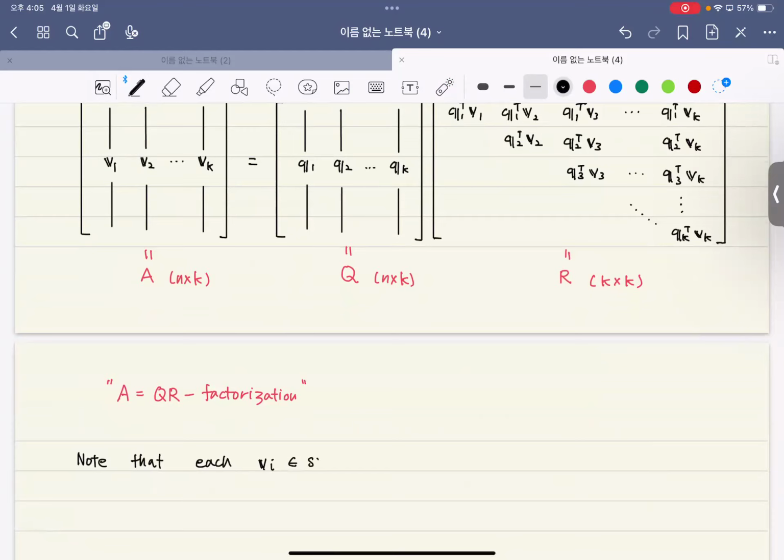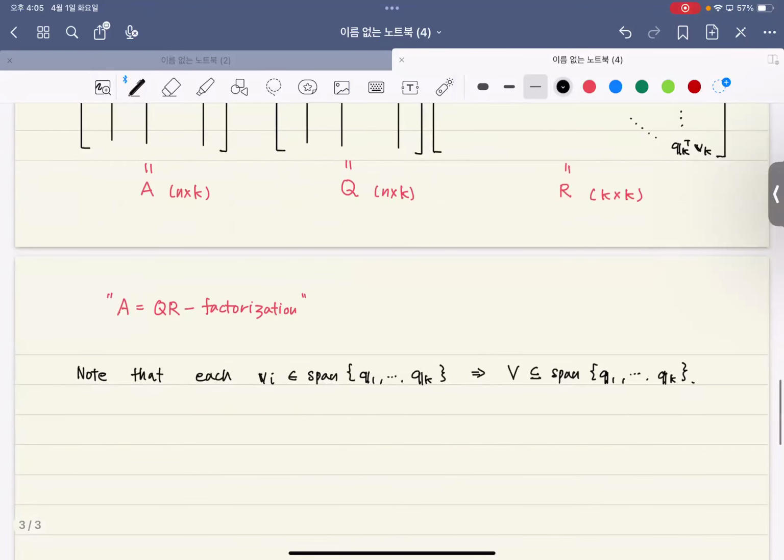This implies that every basis vector is a member of the span of Q1 to Qk. We know the original subspace V was the span of these basis vectors, so it is a subset of the span of Q1 to Qk. So one-sided inclusion is true.